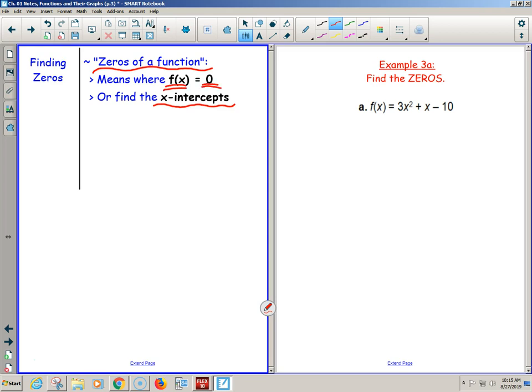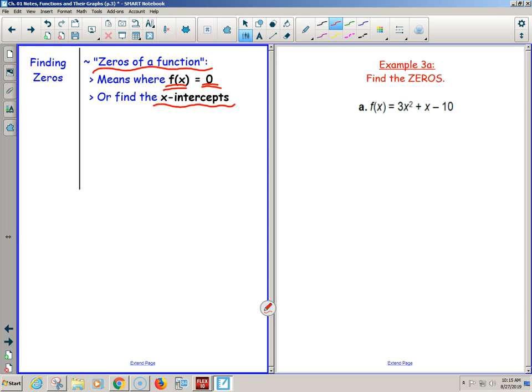It's a new terminology, a new vocab in a sense. Function values, y values, f of x equals. It's just new notation now that we've talked about f of x. So x-intercepts, that's review, but zeros of a function, that's what's new.